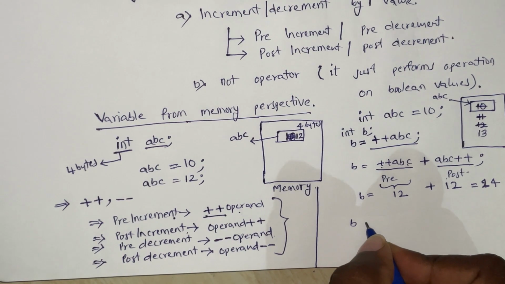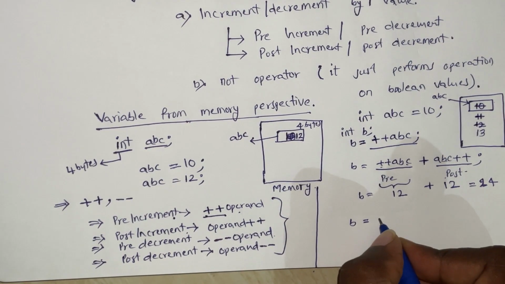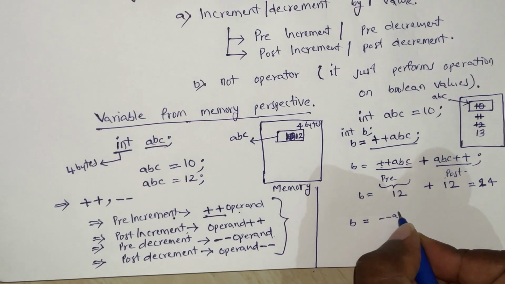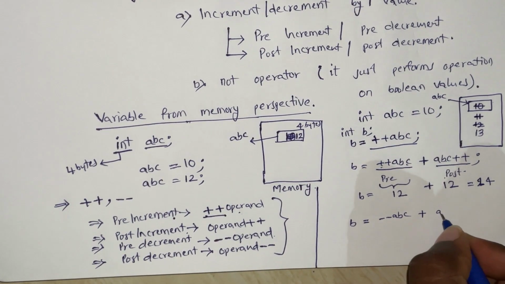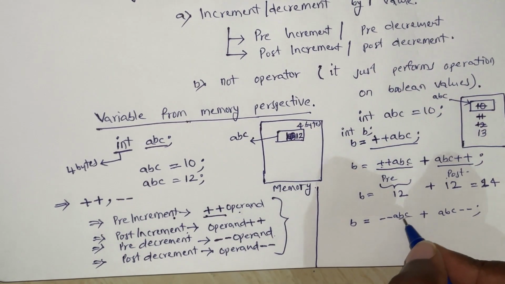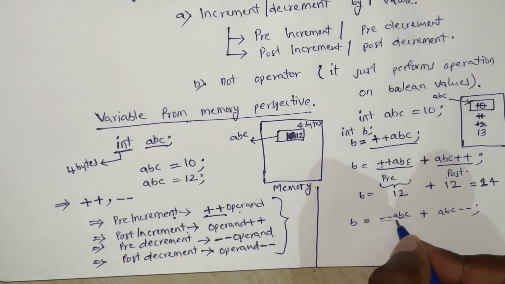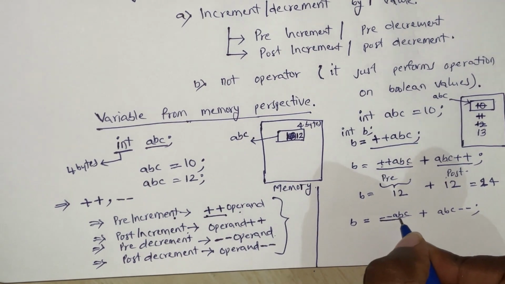Similarly, pre-decrement and post-decrement work the same way. Let's consider I am using minus minus abc and then plus abc minus minus. How exactly does it perform? What value does abc contain? 13, right? First decrement abc.